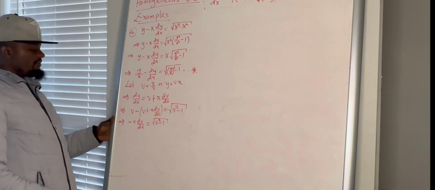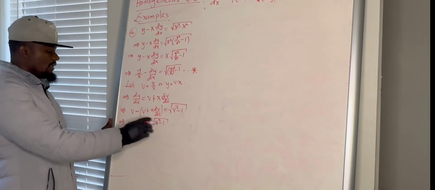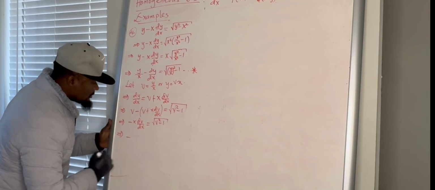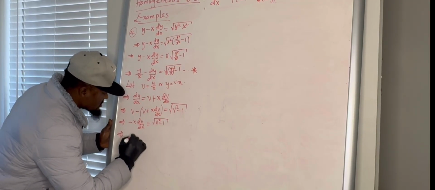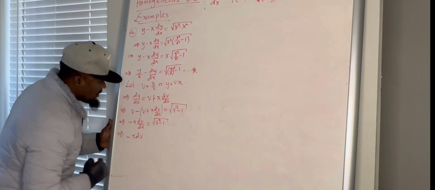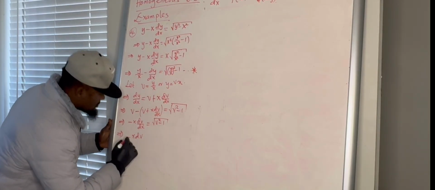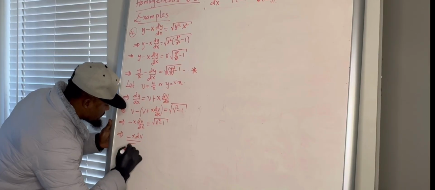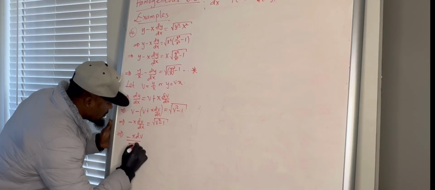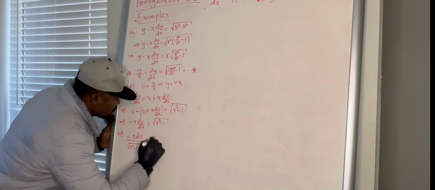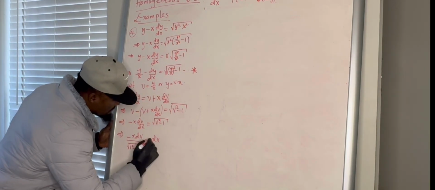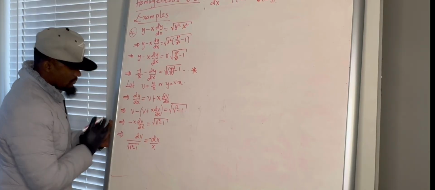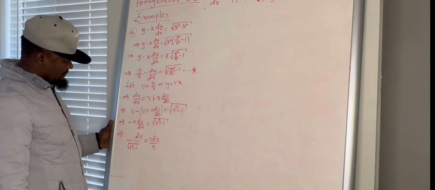Now I can separate variables here easily. I'll have negative x dv divided by square root of v squared minus 1 equal to dx. And I'll have negative dx over x.